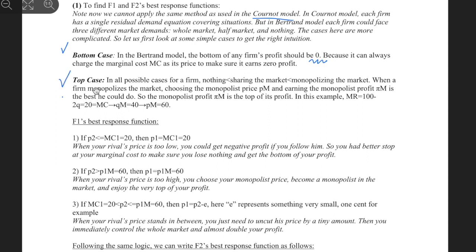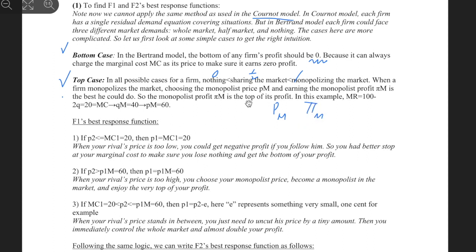And we have the top case. Of all possible cases for a firm, we can have 0, half, or all. When the firm monopolizes the market, choosing the monopoly price and earning the monopoly profit is the best it could do.